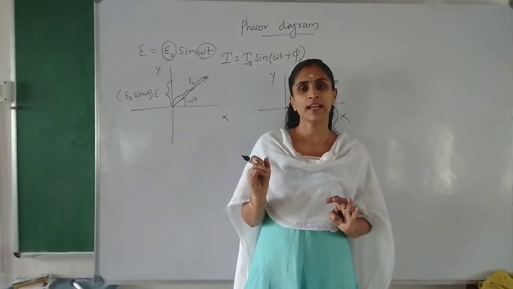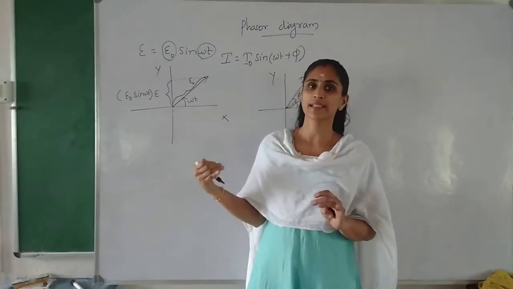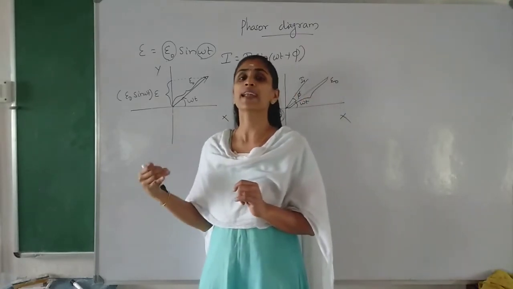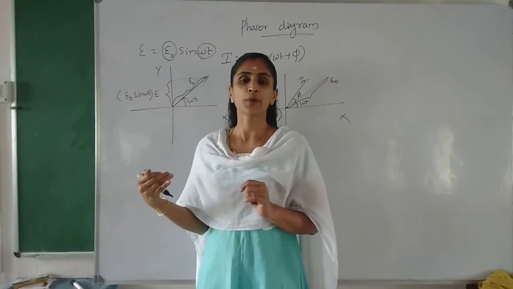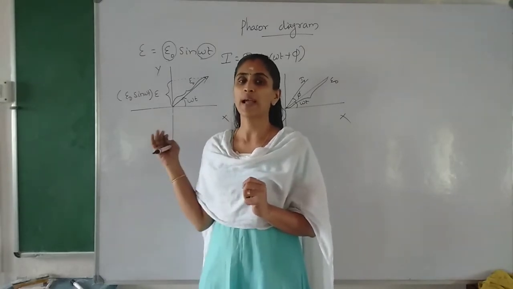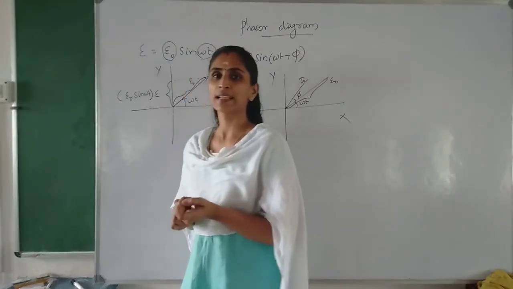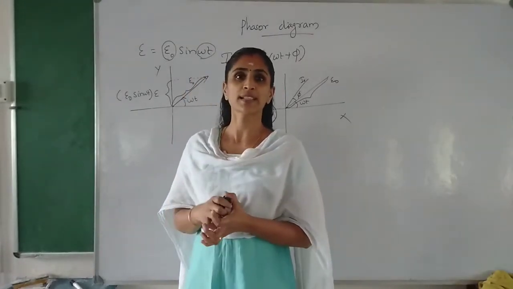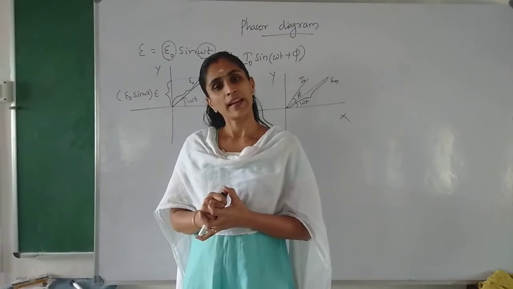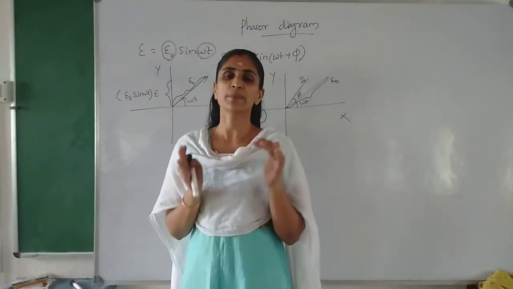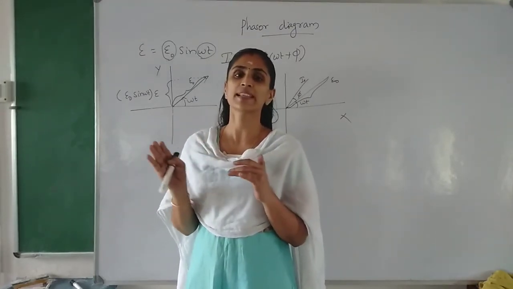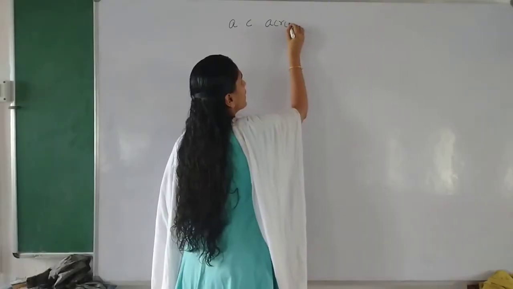Is it clear? Now we will discuss what will happen if we apply AC voltage to a resistor. Here we are going to discuss the relationship between voltage and current when AC is applied across a resistor.